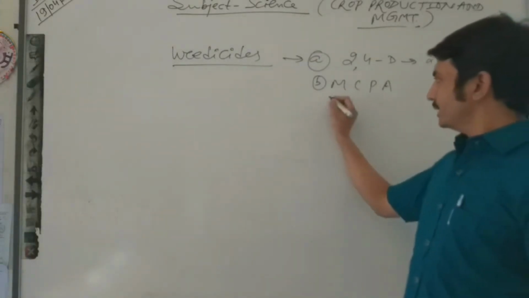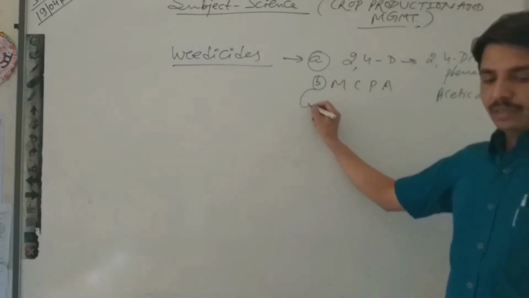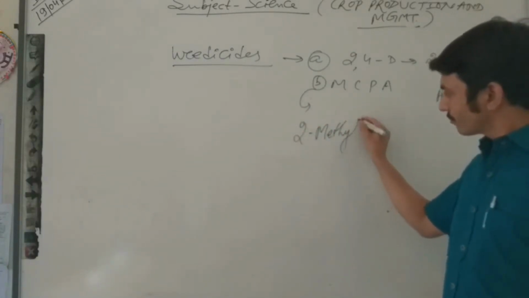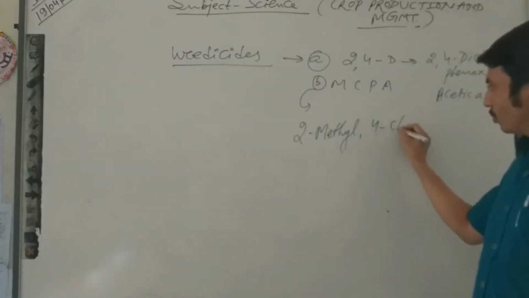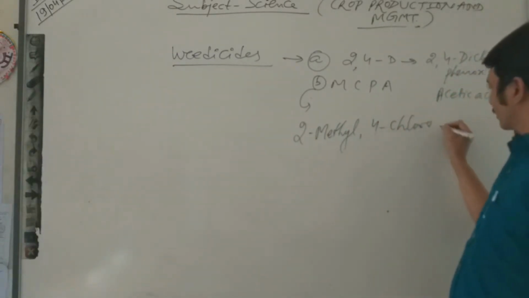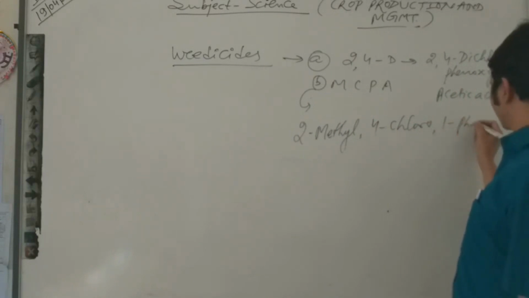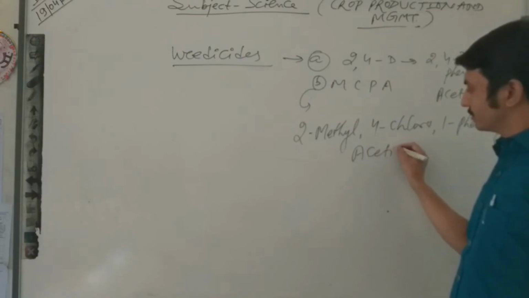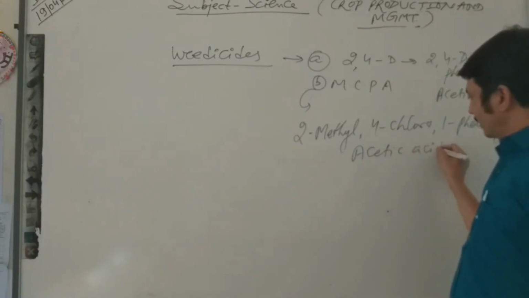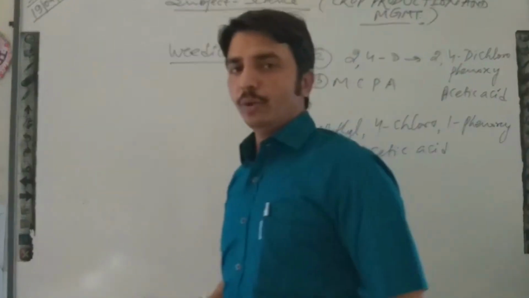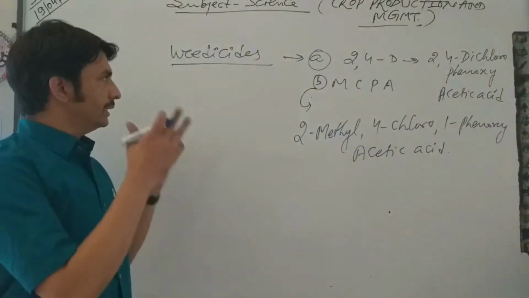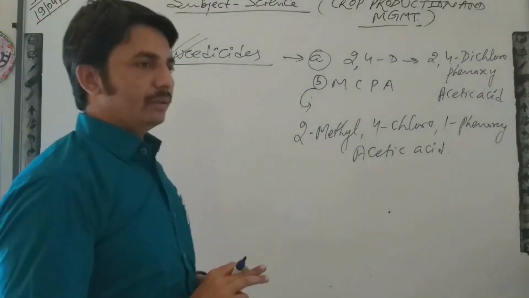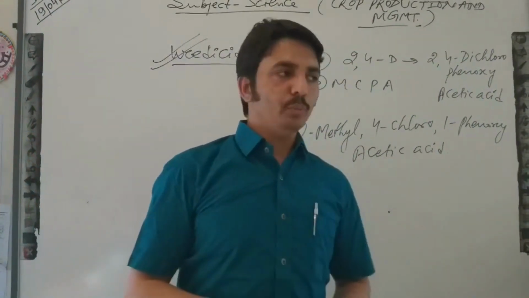And what is MCPA? MCPA is 2-methyl-4-chlorophenoxyacetic acid. So these are the chemicals which we are using to remove weeds from the field, and these chemicals are known as weedicides because they are used to remove weeds in the field.